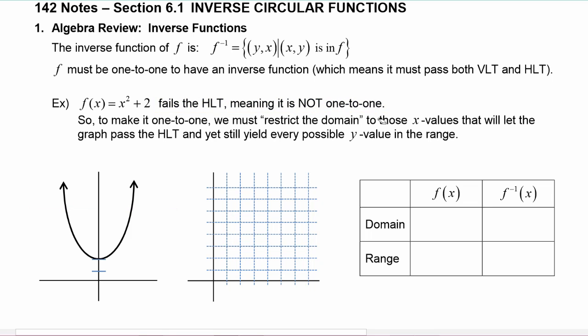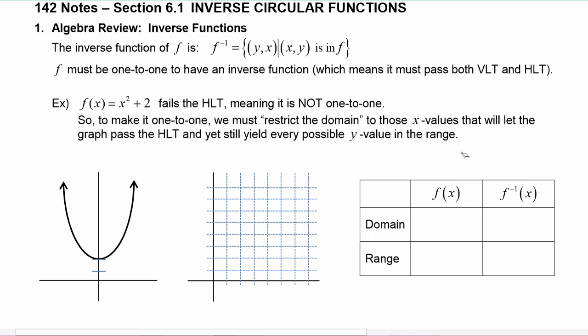Now, what you learned to do in your algebra class, to make it one-to-one, we must restrict the domain. Remember, domain is the x values. So we have to restrict the domain to those x values that will let the graph pass the horizontal line test and still yield every possible y value in the range.